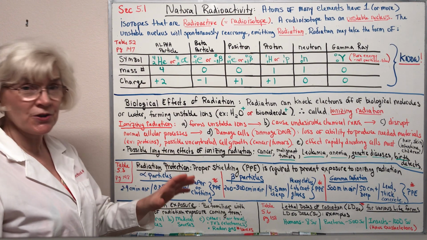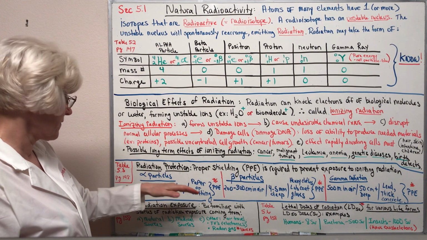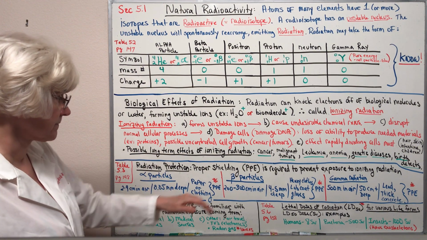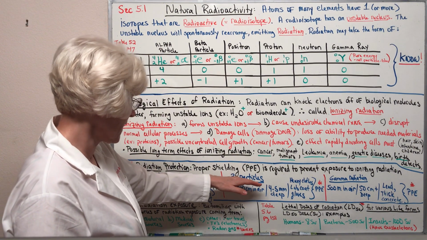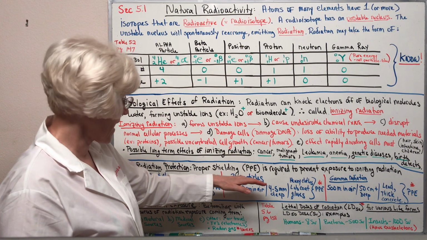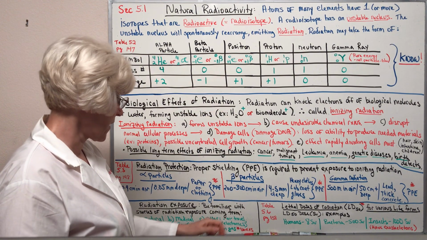So you want to make sure you protect yourself from any sort of internal ingestion of anything that could produce that. The second type of radiation that we commonly encounter in nuclear reactions is beta particle radiation. These, of course, are electrons.